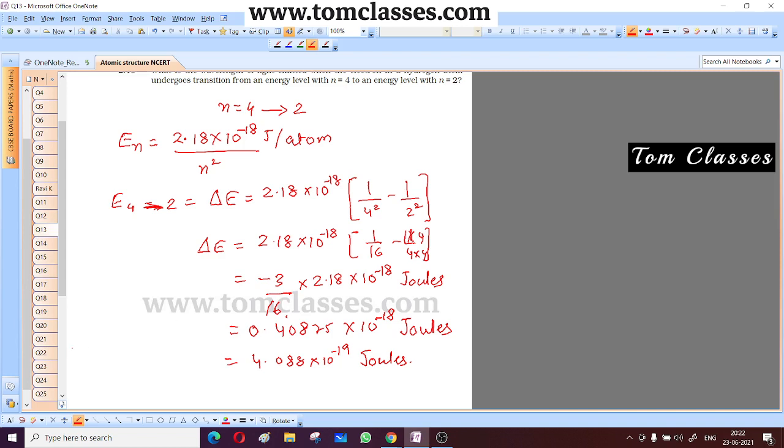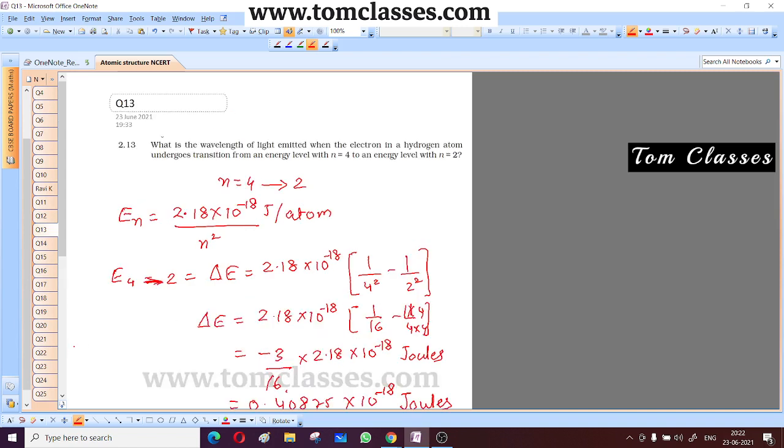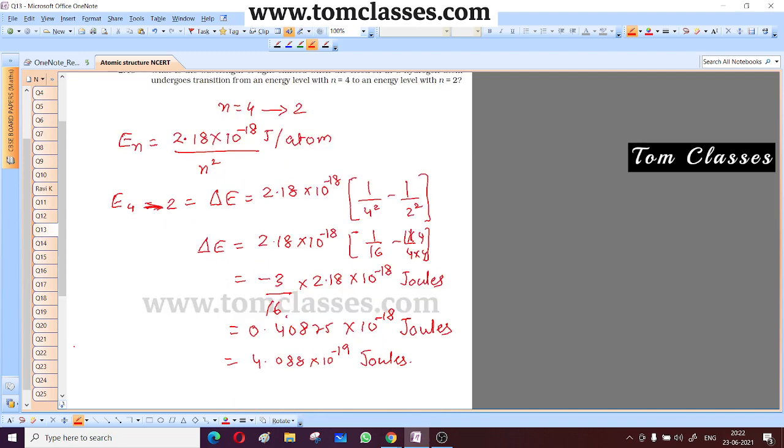Okay, so he is asking about the wavelength associated with this particular hydrogen atom transition, right? So this wavelength will be given by delta E equals h c by lambda, right?